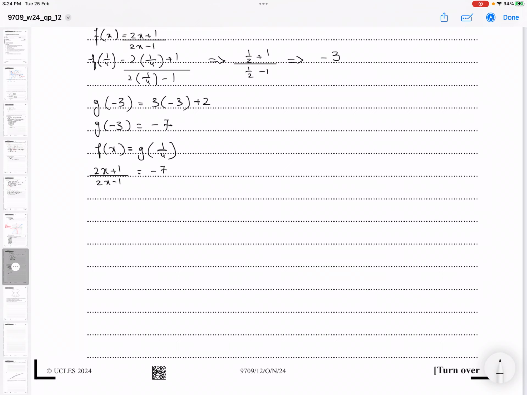Now simplify this. So 2x plus 1 equals 14 minus 14x plus 7. From here my x is 3 over 8.